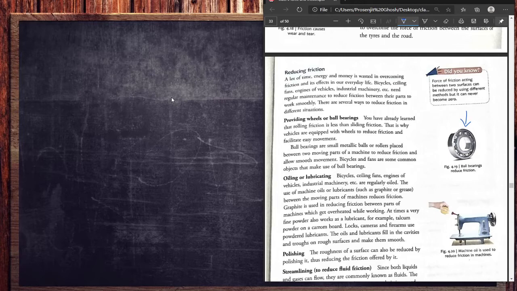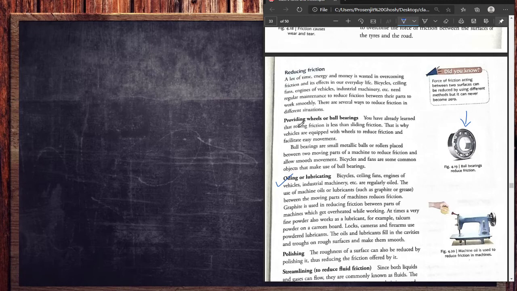Why so? Due to putting the oil on there, the surface has become a little bit smooth. And as it is smooth, we know friction will be less. So, to reduce the friction, we actually do oiling or lubricating. That is given over here.